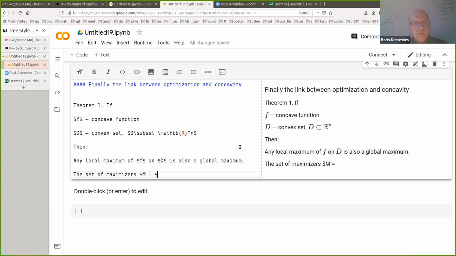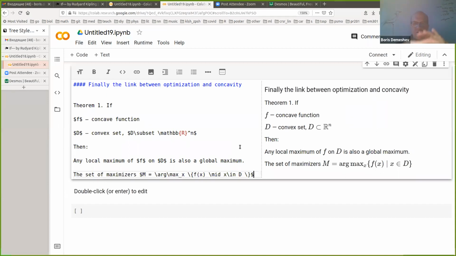The set of maximizers is the argmax of f of x given that x belongs to D. So I maximize with respect to x. Okay, the set of all maximizers.